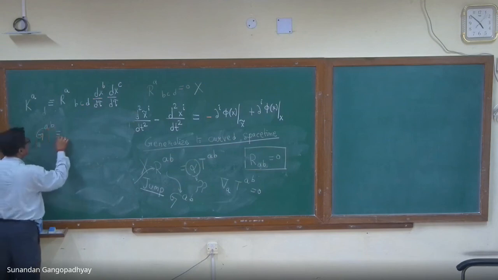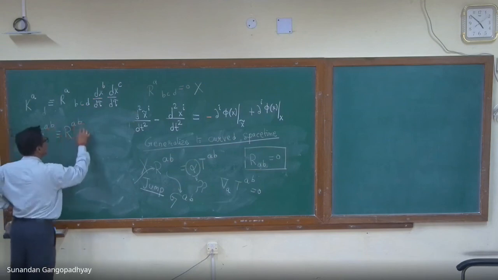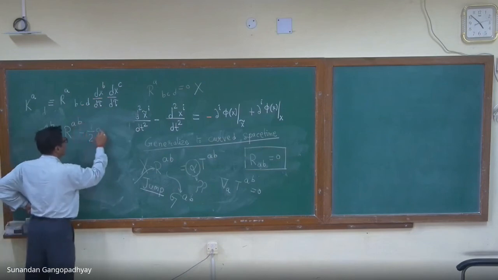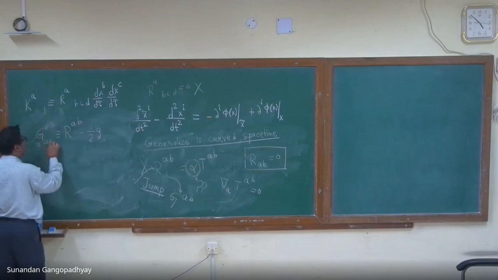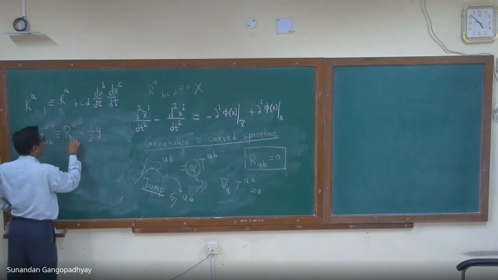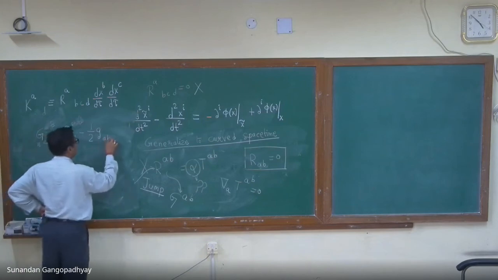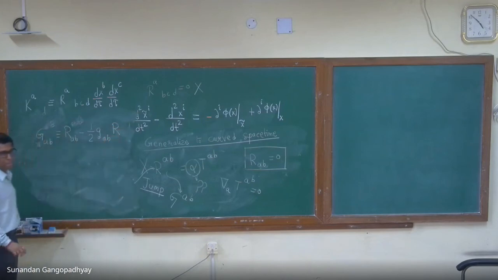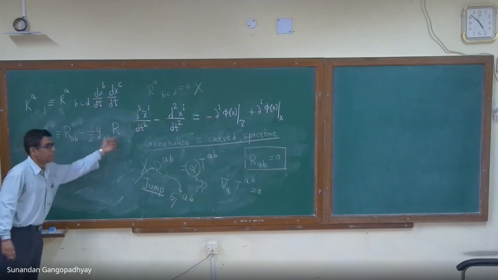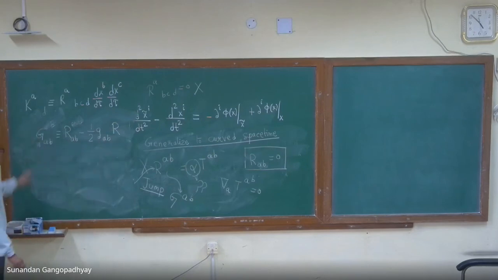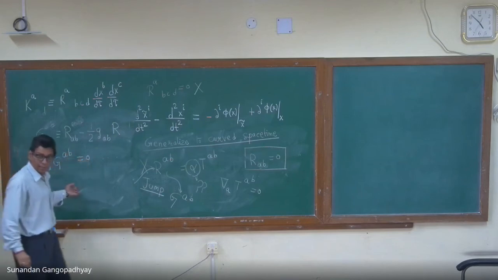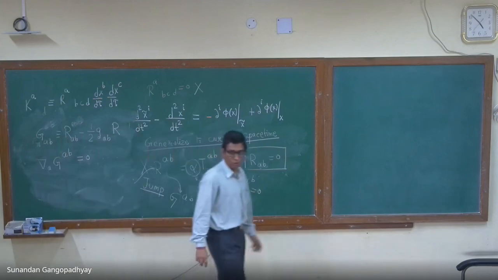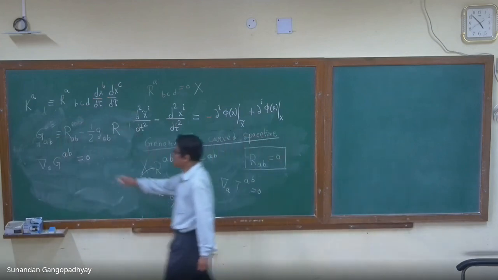GAB is RAB minus one half R g AB. So this is the Ricci tensor, this is the Ricci scalar. It turns out that the covariant divergence of GAB vanishes identically, this is the Bianchi identity. I have proved it for you. So this tensor is covariantly conserved.